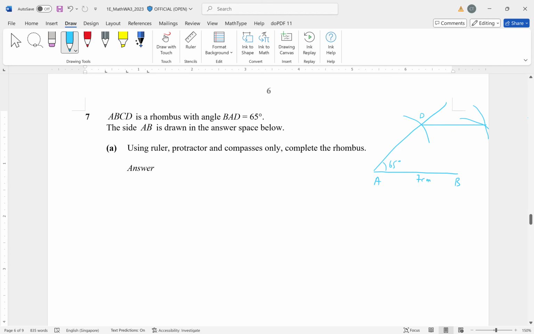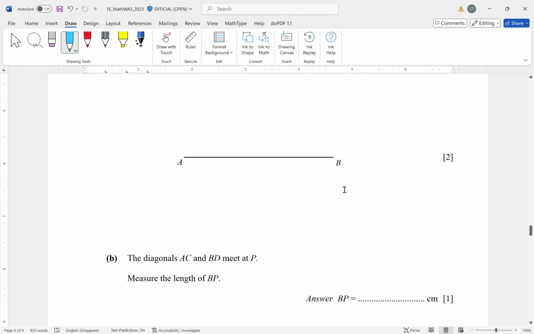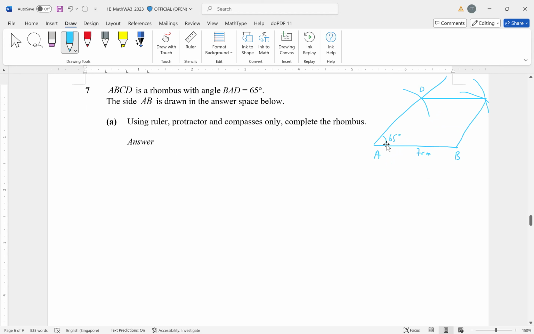Then from here to here, something like this. Let's go to the online geometric construction, and then we will do an accurate one.